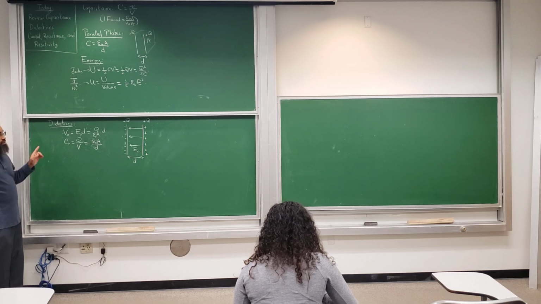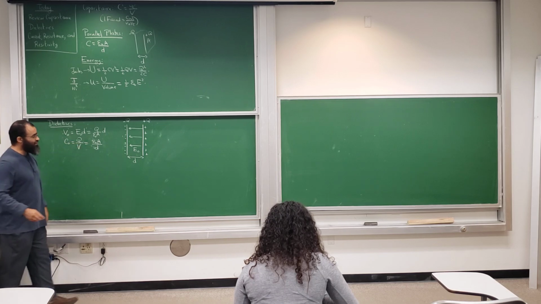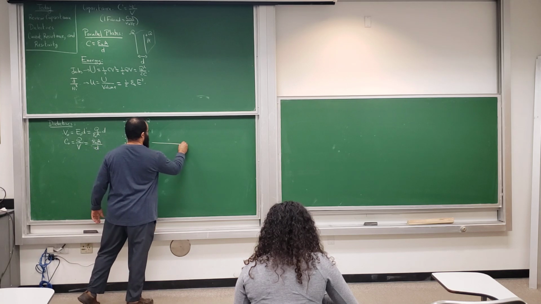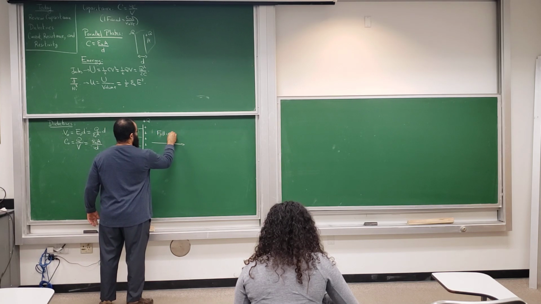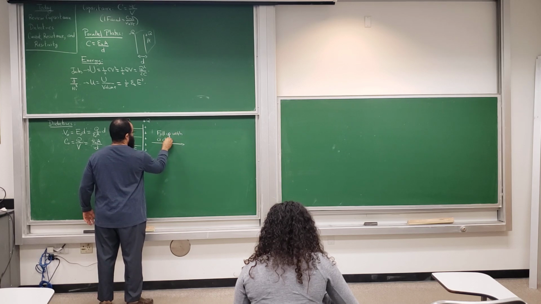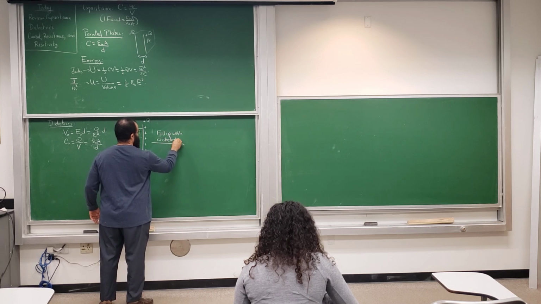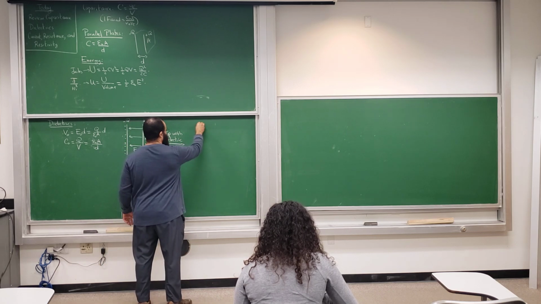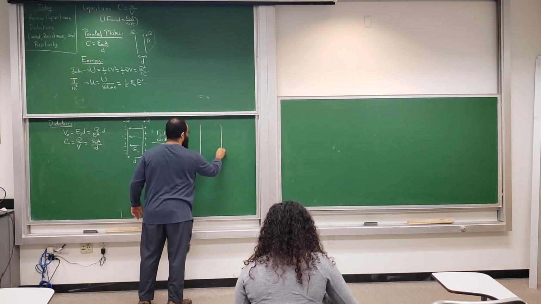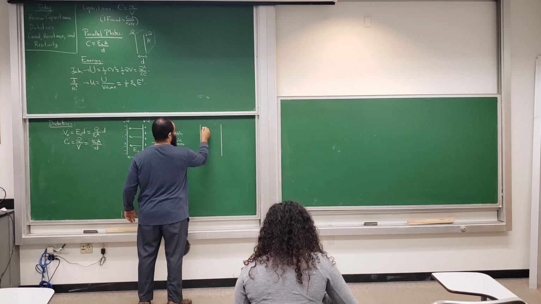Okay. So what we're going to do is we're going to fill up this thing with a dielectric, and then ask what happens. So it's the same capacitor, but we're going to place between the plates a dielectric.